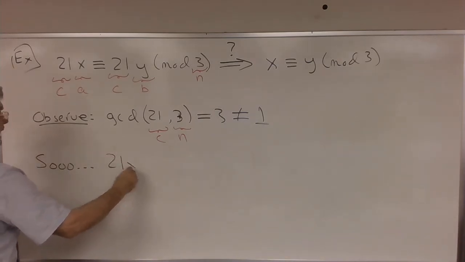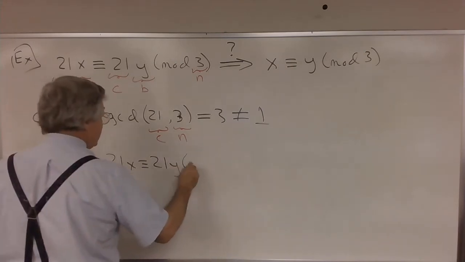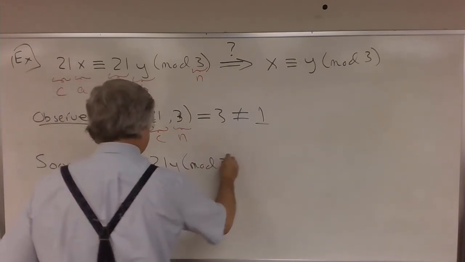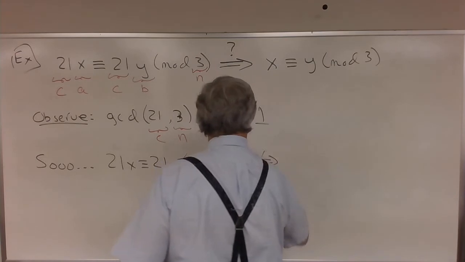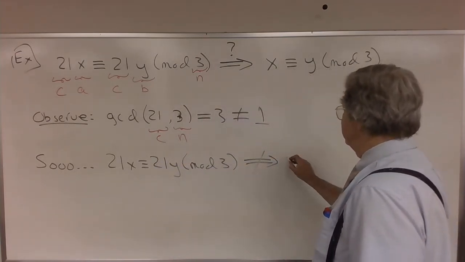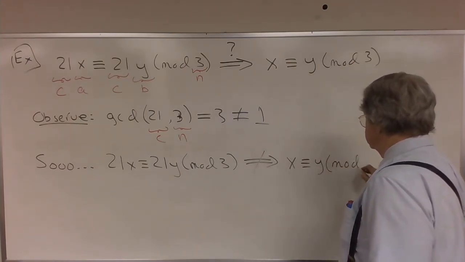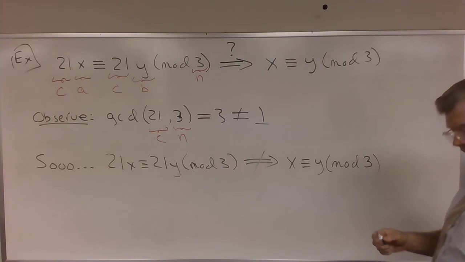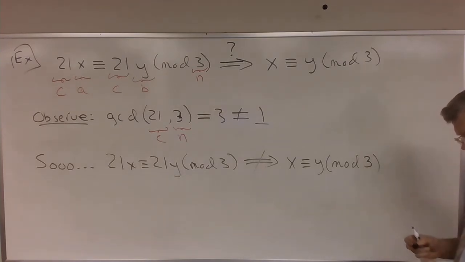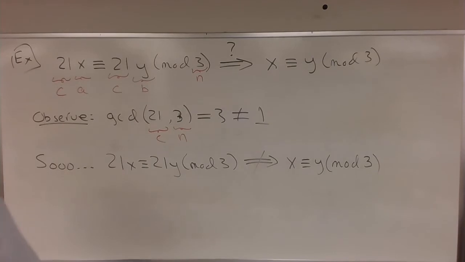So 21x congruent to 21y mod 3 does not imply that x is congruent to y mod 3. And let's look at a case in point.